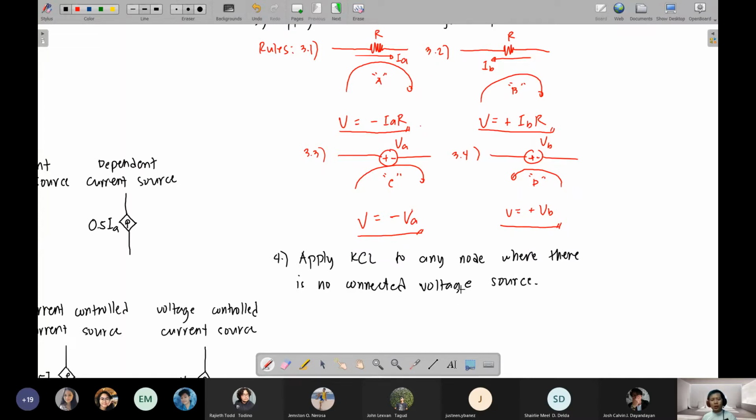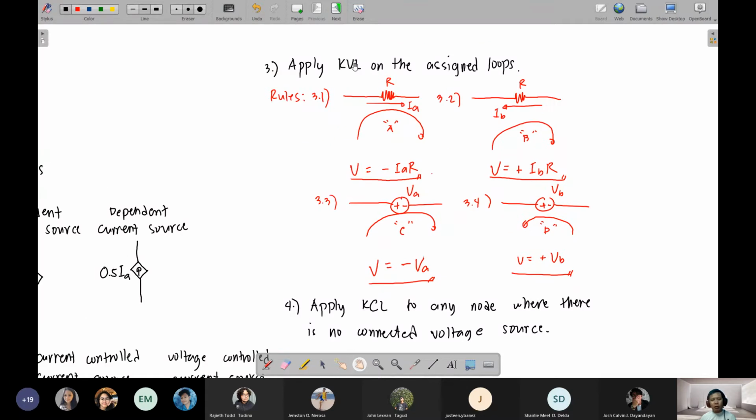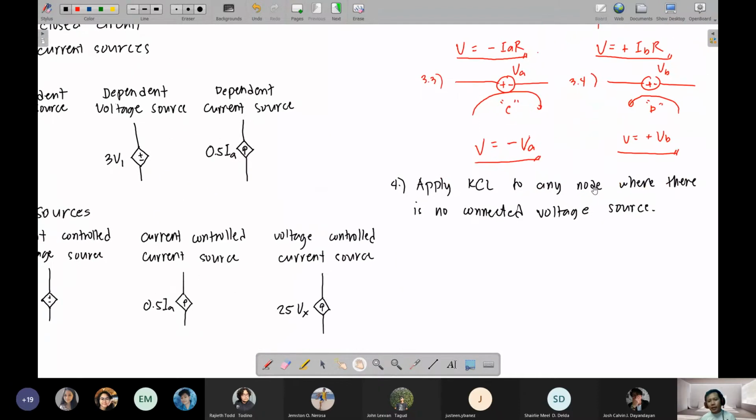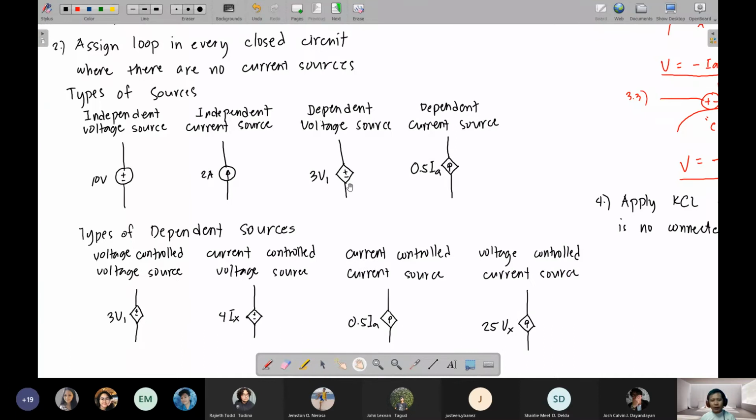What is the reason for this? This scenario for step number 4 is the same as the reason for step number 3. When you apply KVL on a loop, you avoid a current source. Same with this one, when you apply KCL on a node, avoid nodes with a voltage source.